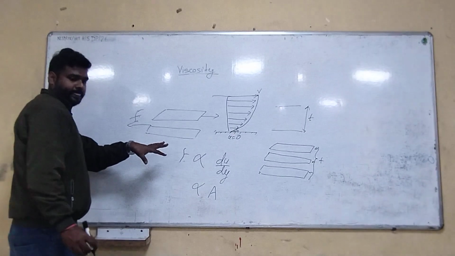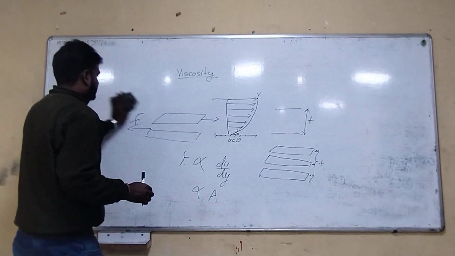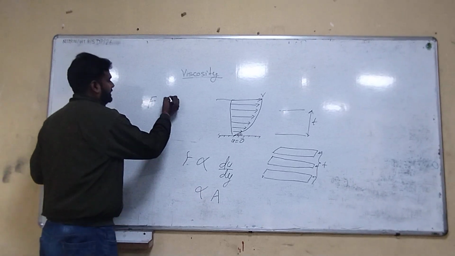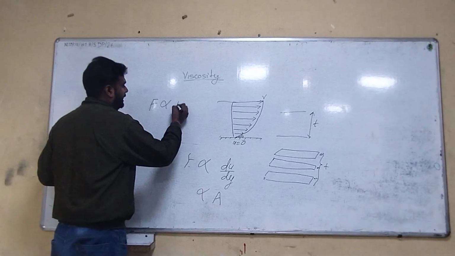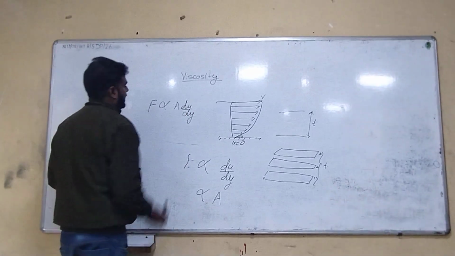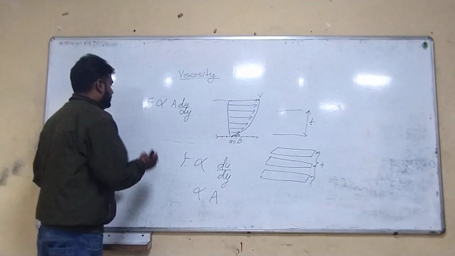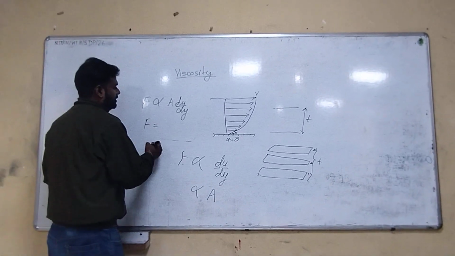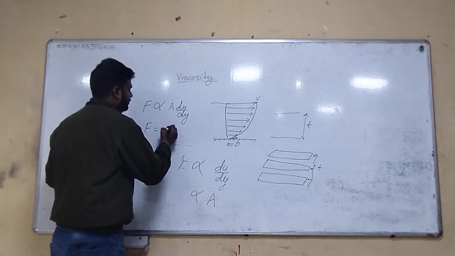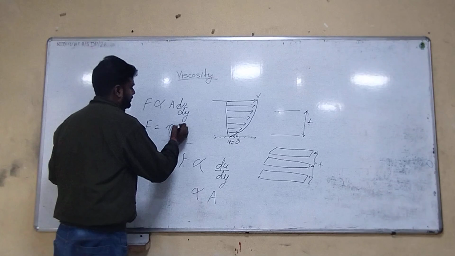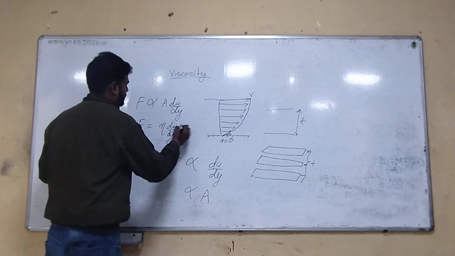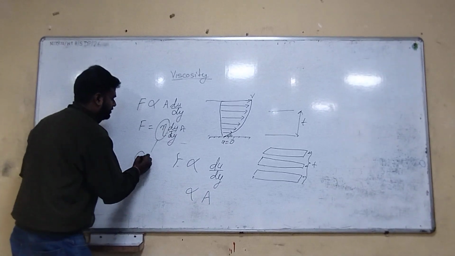So when we simplify, we can write that force is directly proportional to area and velocity gradient. When we remove the proportionality sign, there comes a constant coefficient, that is the frictional coefficient. And this is called the coefficient of viscosity.